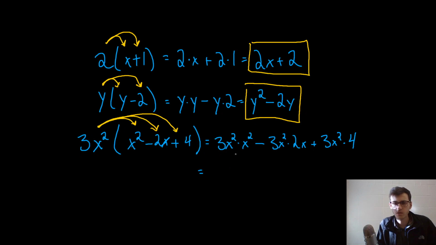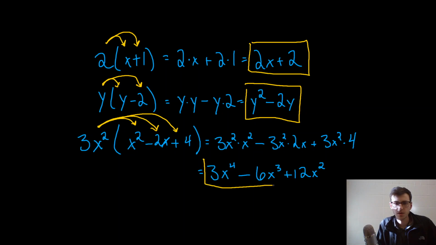Okay, 3x squared times x squared. This is where those properties of exponents really come into play. x squared times x squared, I have x times x times x times x, right? 4 x's multiplied here, so that would be 3x to the 4th minus 3x squared times 2x. 3 times 2 is 6. x squared times x is x cubed, plus 4 times 3 is 12, and then x squared doesn't have anything to be multiplied by.